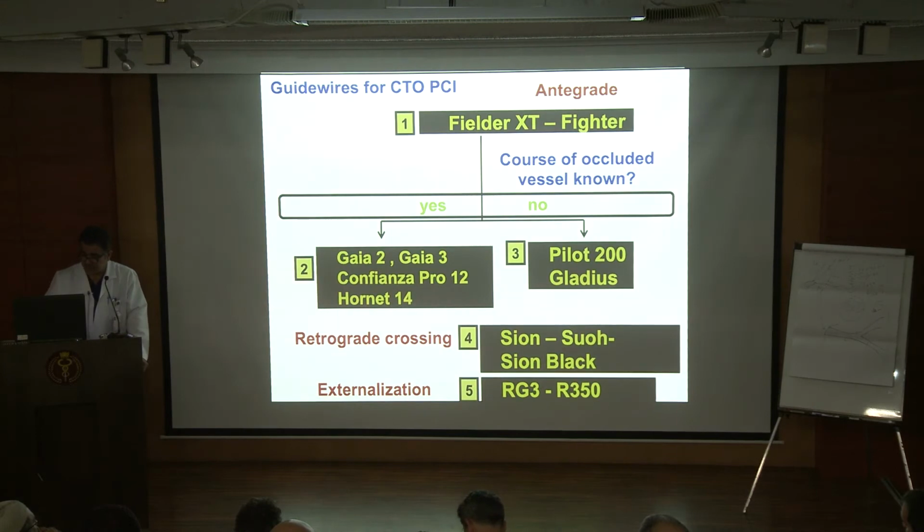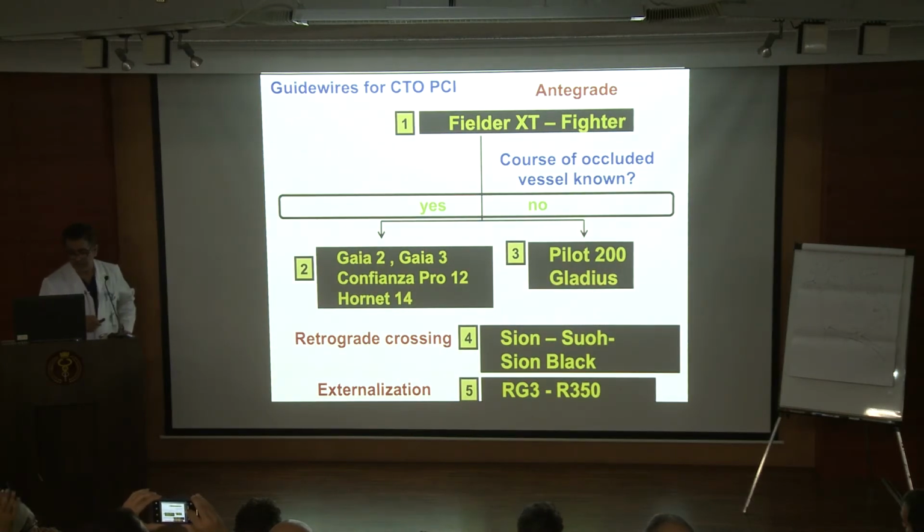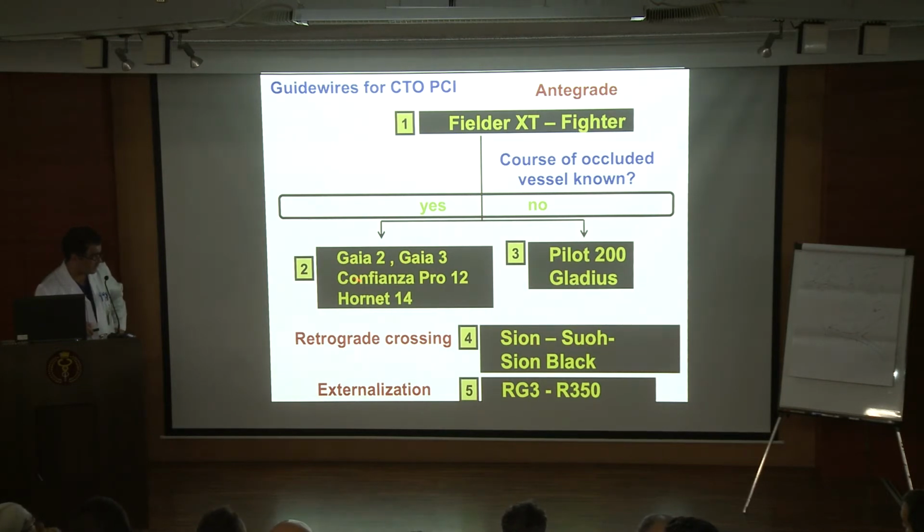I found this very useful to think about wire selection. If you're going antegrade and you think there's a microchannel, you start with a Fielder or a Fighter from Boston. If you know the vessel course, you can escalate further to the Gaia family, CP12 or Hornet 14. If you don't know the vessel course, then you don't use the stiff penetrating wire.